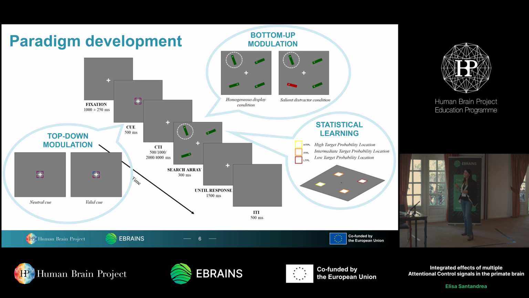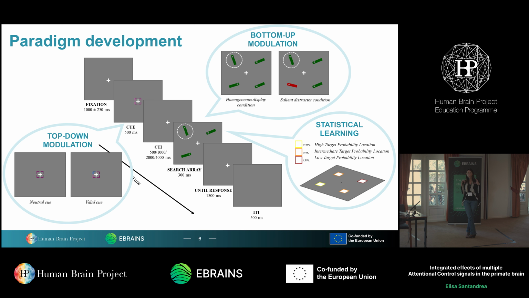Through this manipulation, we could obtain an implicit bias of attention in space towards the location which more frequently hosted the target, let's say. And those manipulations were tested both in isolation and then combined.